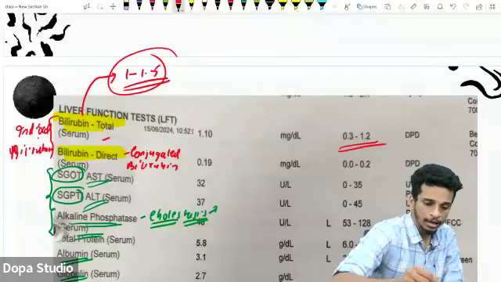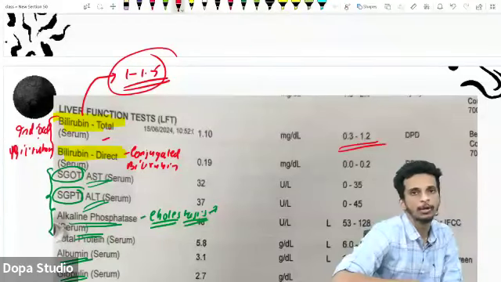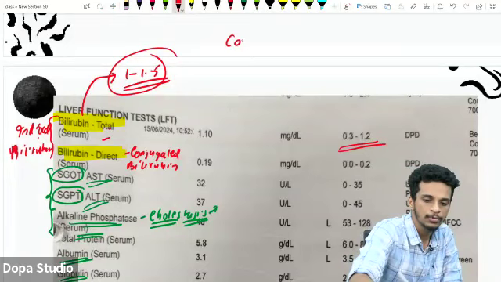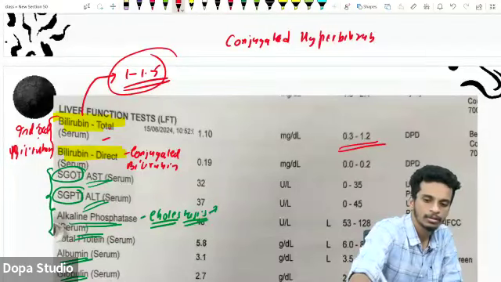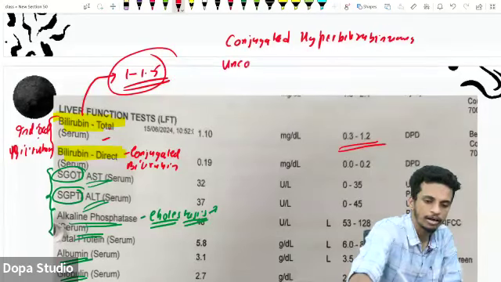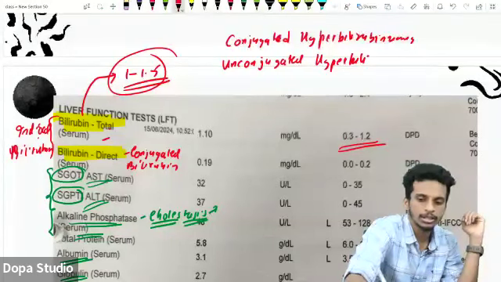Okay, now speaking about the direct bilirubin, we can have two types of hyperbilirubinemia. We can have conjugated hyperbilirubinemia, or we can have unconjugated hyperbilirubinemia.